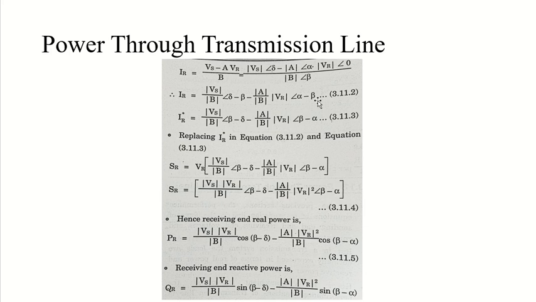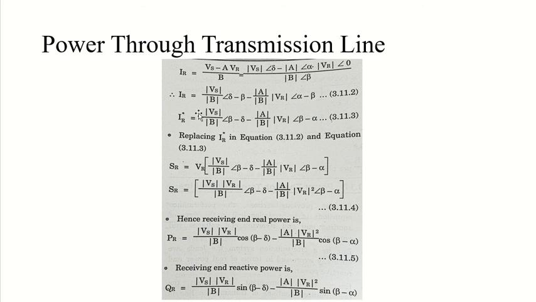We just separated the denominator for both the numerators, and then we have to find the conjugate IR star. So to find the value of the conjugate, we will reverse the signs of my angles which are represented in polar form, right?